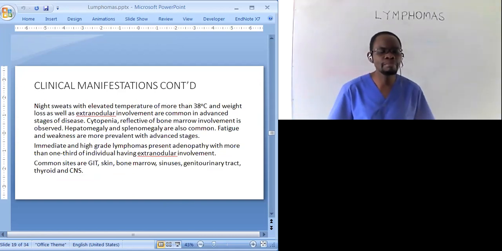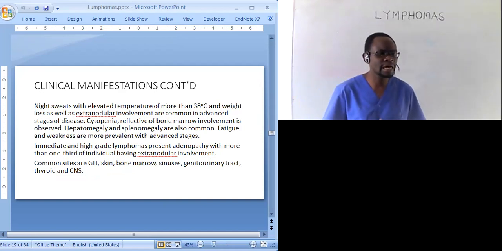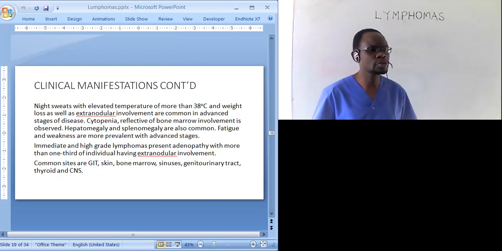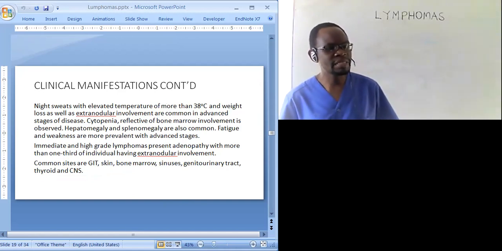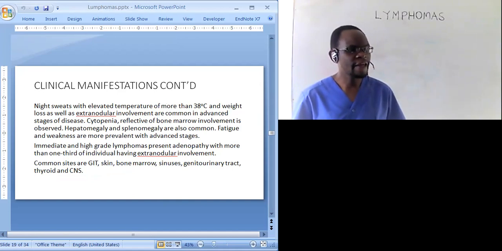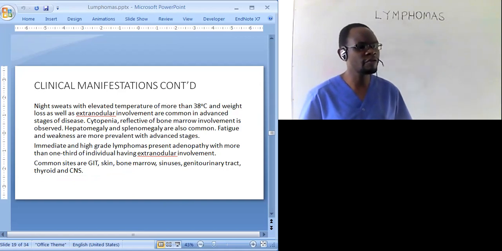All right, more to clinical manifestations: night sweats with elevated temperature of more than 38, weight loss, as well as extranodal involvement. These are common in the advanced stages. You also have cytopenia, reflective of bone marrow involvement.